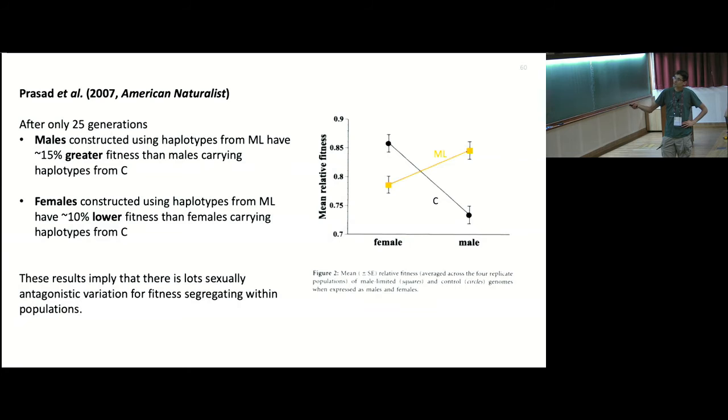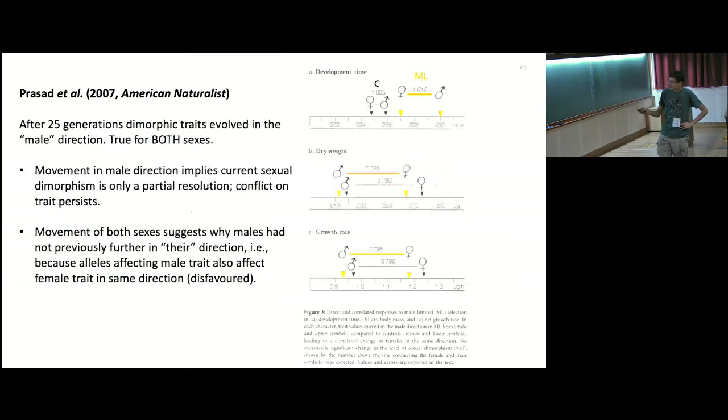So my interpretation of this is this kind of result implies there's quite a bit of sexually antagonistic variation segregating within at least this lab fly population. Perhaps equally interesting was they looked at some sexually dimorphic traits, one of which is development time. So in flies, females develop a bit faster than males.